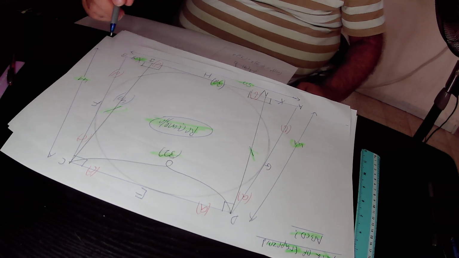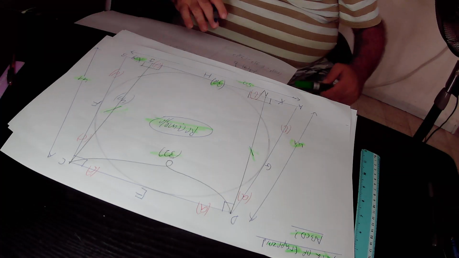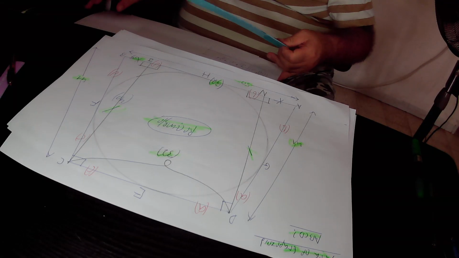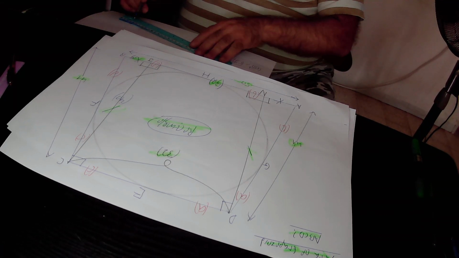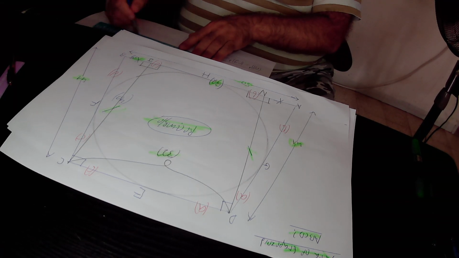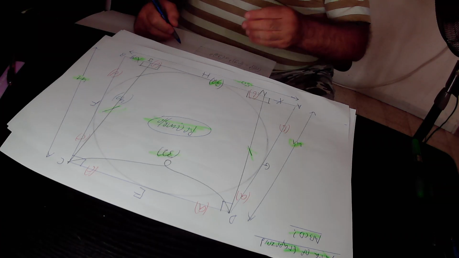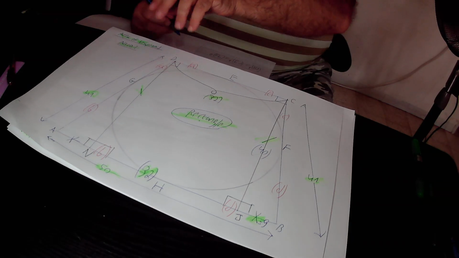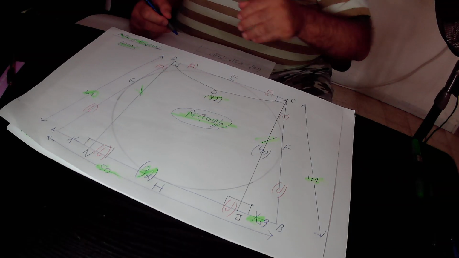Our task is to find the area of this trapezoid ABCD. According to the formula that I presented to you at the beginning of the lecture, the area of any trapezoid is equal to the sum of its two parallel bases times the height over 2.